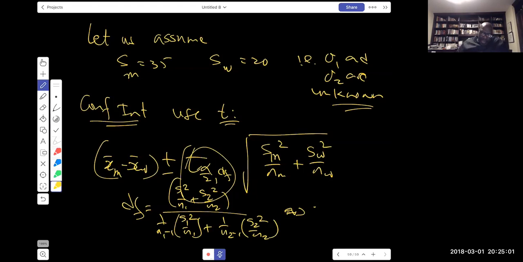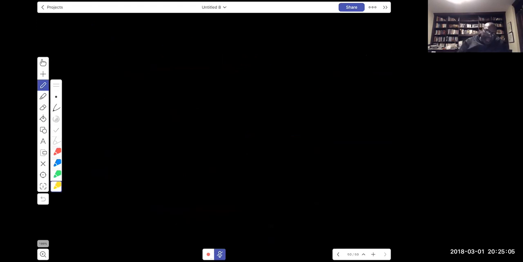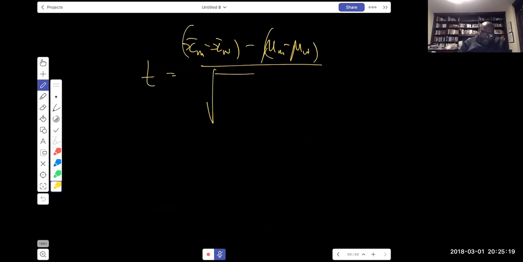And if we're doing the hypothesis test, everything remains the same except that we would have to use T equal to x bar m minus x bar w minus mu m minus mu w, over the square root of Sm squared over Nm plus Sw squared over Nw.